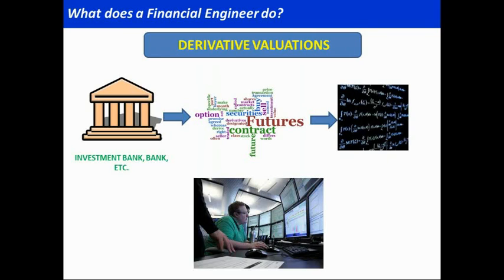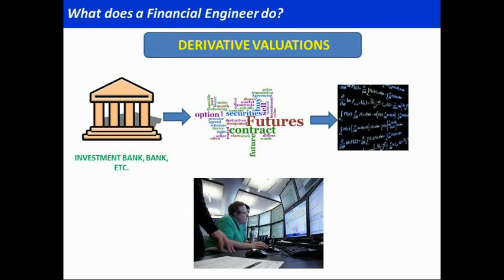Similarly, there are a host of other complex financial investments that these institutions, the banks and other institutions, do. Like they can be options, they can be swaps, and similar kind of more complex instruments called derivatives.